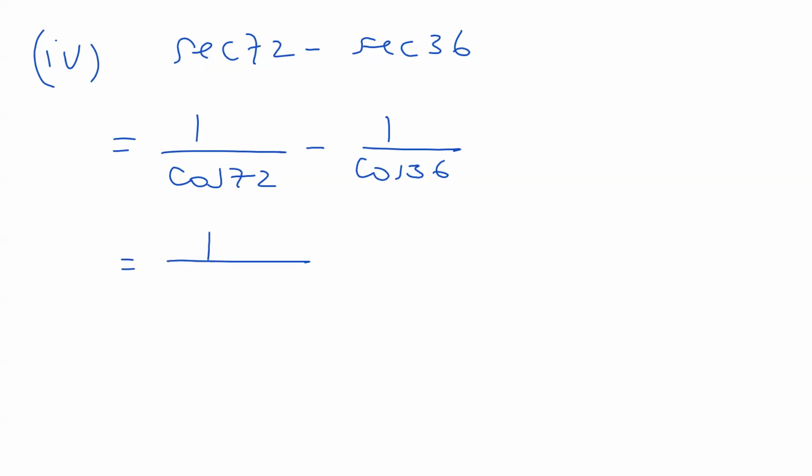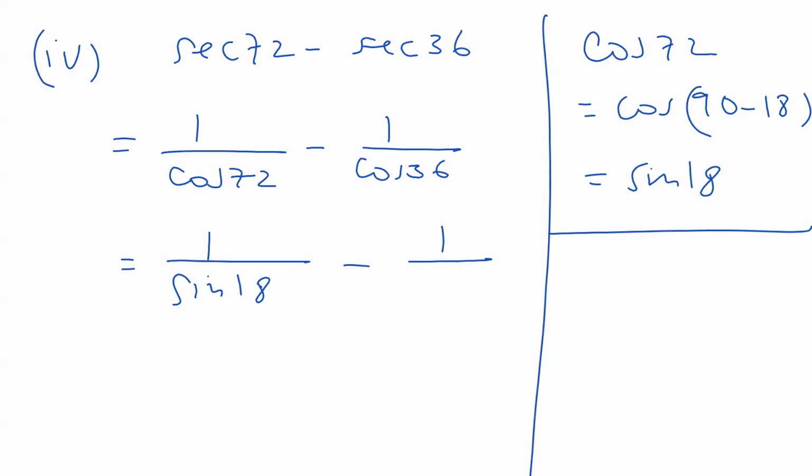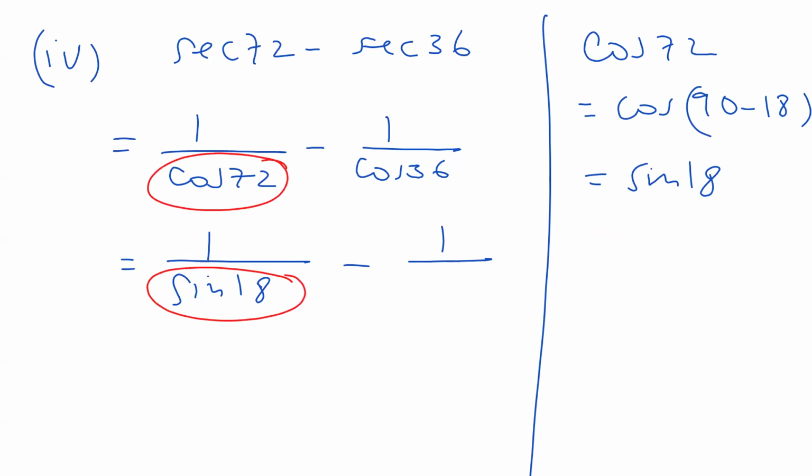Now cos 72 is equal to cos 90 minus 18, which is equal to sin 18. Cos 36 value we have directly. So the only value that we are changing is this one; cos 36 will remain as it is.